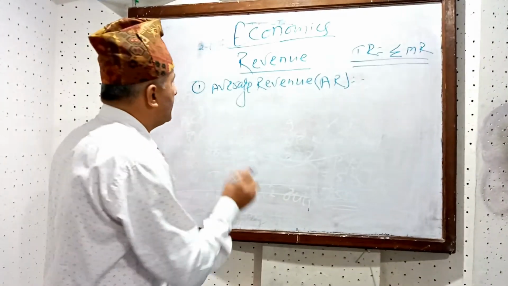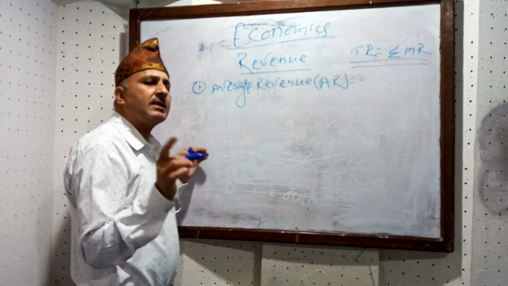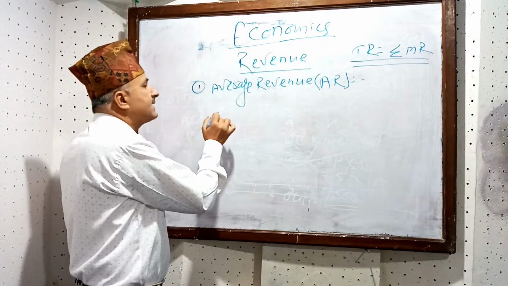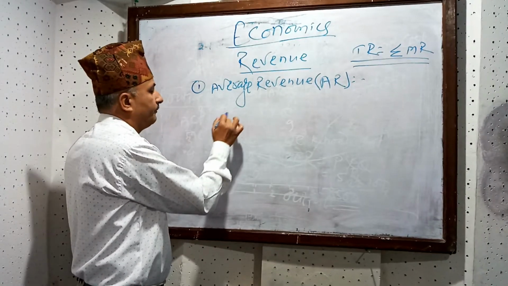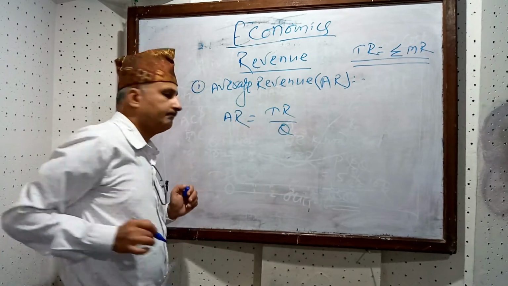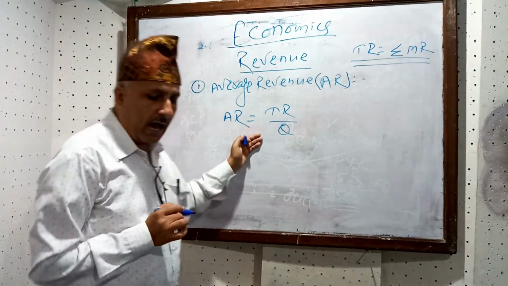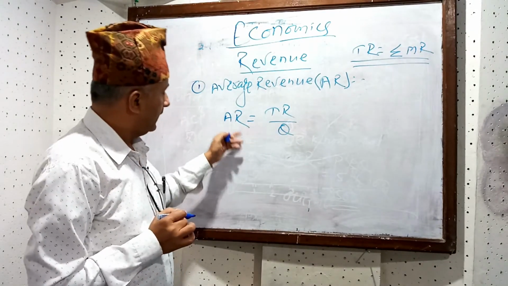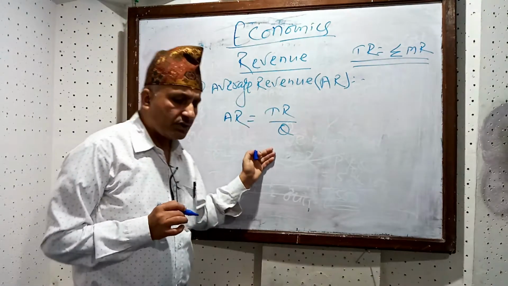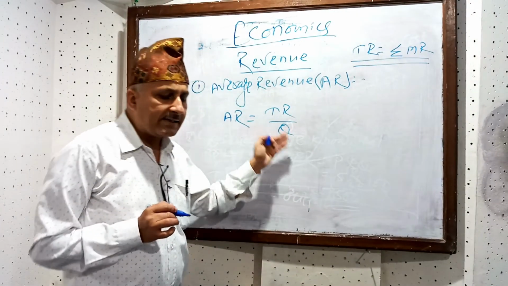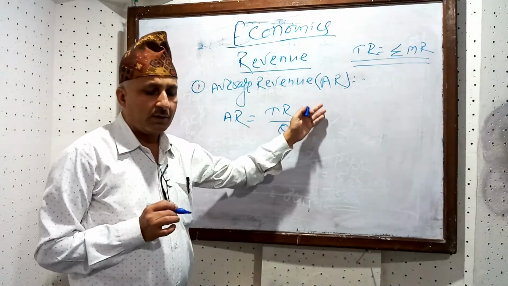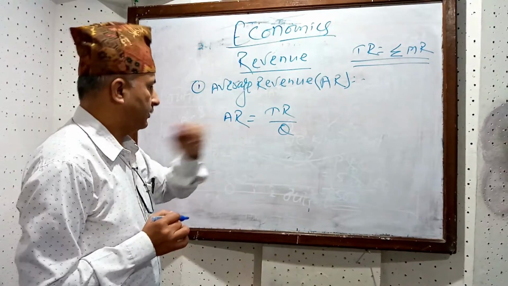Since average revenue is the result of dividing total revenue by the number of units sold, it can be expressed as AR is equal to TR upon Q, where AR denotes average revenue, TR denotes total revenue, and Q denotes quantity sold, that is, how many units of a commodity are sold in the market.